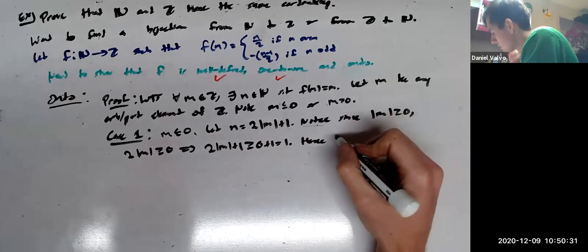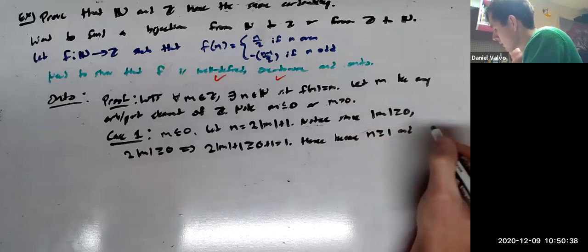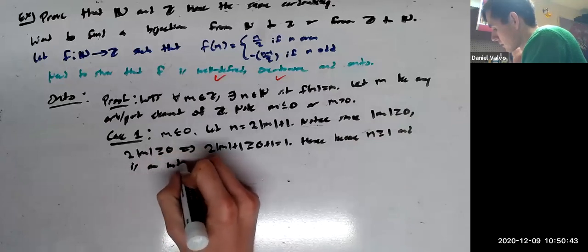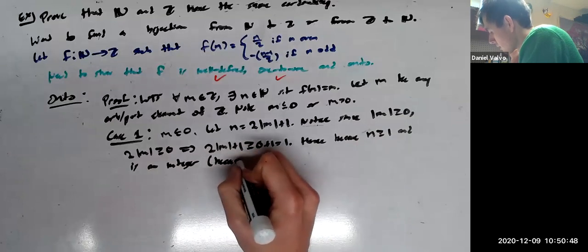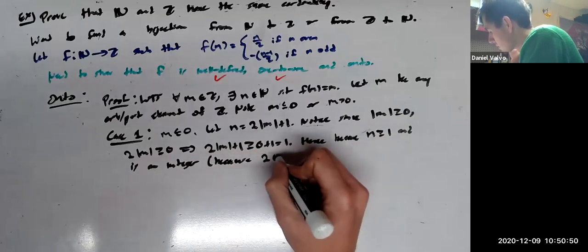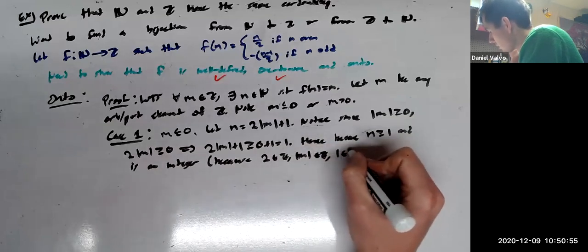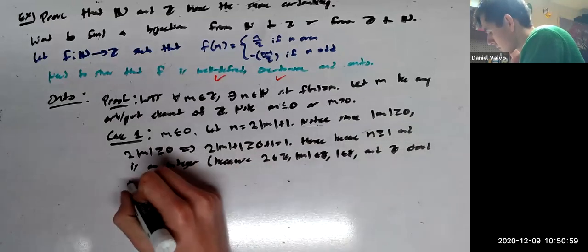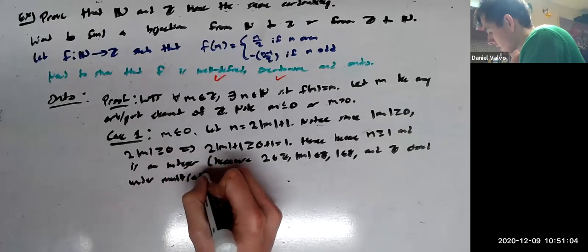Hence, because n is greater than or equal to 1 and is an integer, and I'll say because 2 is in Z, m is in Z, 1 is in Z, and Z is closed under multiplication and addition.